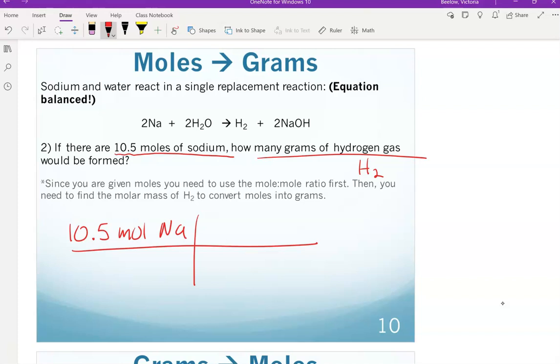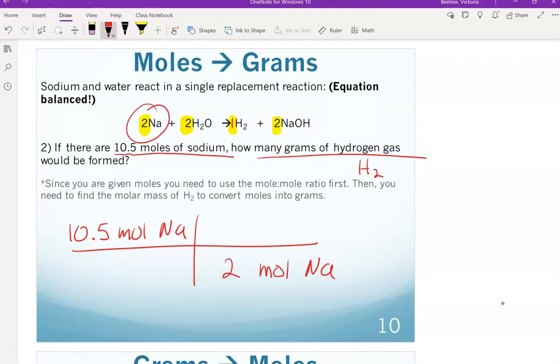Again, if you are ever starting with moles or you get to moles in your picket fence, you need to use the balanced equation. Again, these numbers in the front here represent moles. And again, in our picket fence, I'm going to start with writing the same unit here and here because I want them to cancel. So moles of sodium, I'm going to get that number from the balanced equation.